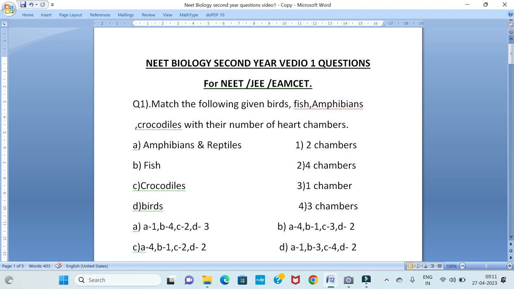So MPC is one group by PC, MPC. So mammals, MBC here. MBC have four chambers. Like that you can remember. P reverse, you take P down, so it looks like B. So MPC, M means mammals. Mammals have four chambers. Like that birds, crocodiles also have four chambers. Like that you can remember.